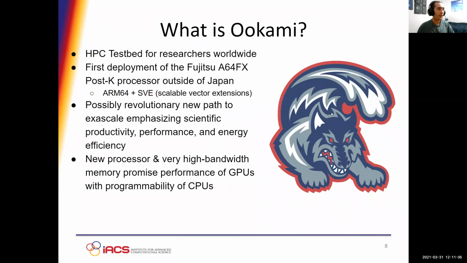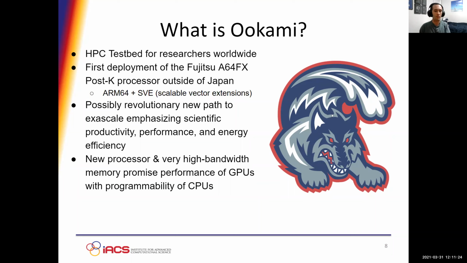Like Dr. Chapman said, Yan and I were part of the team that ran and helped create acceptance tests for the Okami cluster. And back in December, we helped present our findings at the Year 1 NSF review. Interestingly enough, Okami is a Japanese word.